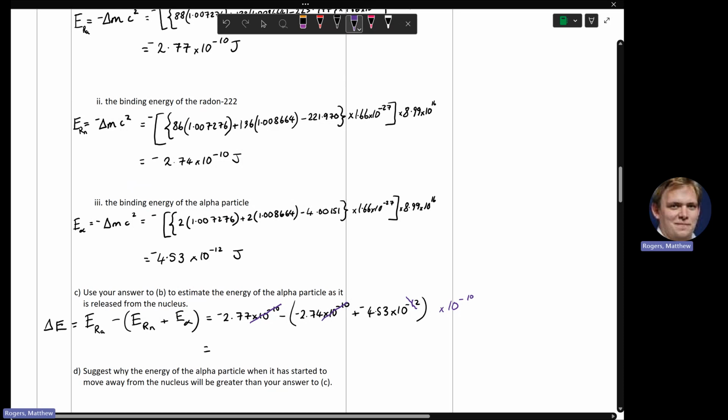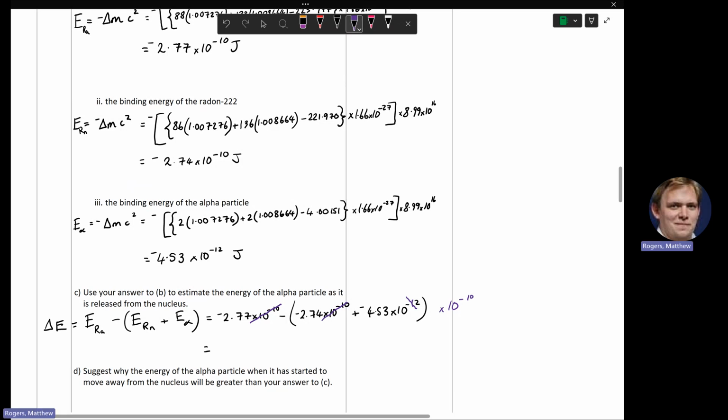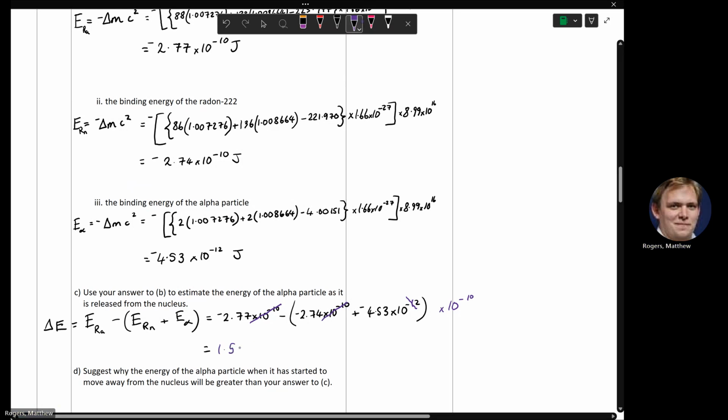So minus 2.77 minus, open brackets, minus 2.74 plus minus 0.0453. Close the brackets. That gives us a value of 1.53 times 10 to the minus 12.